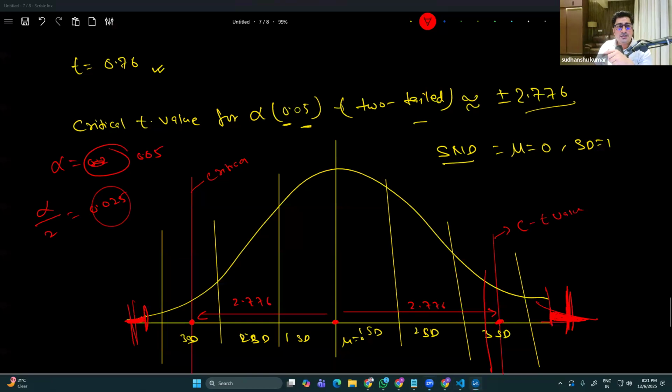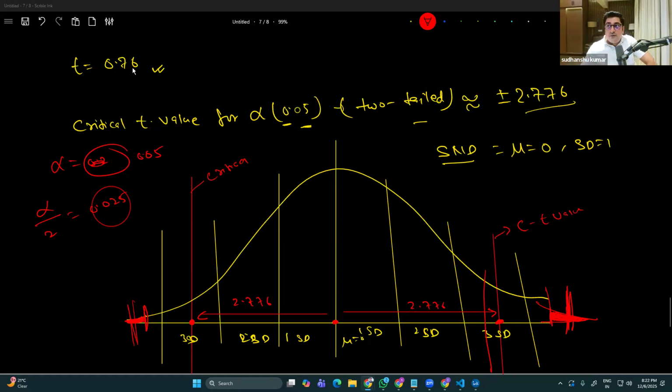Here, our calculation that we have done simply says that our t is basically 0.76. Our t value is much smaller, and the critical t value that we are able to calculate based on this alpha is 2.76.